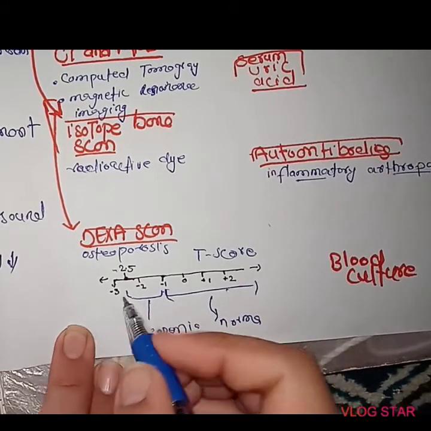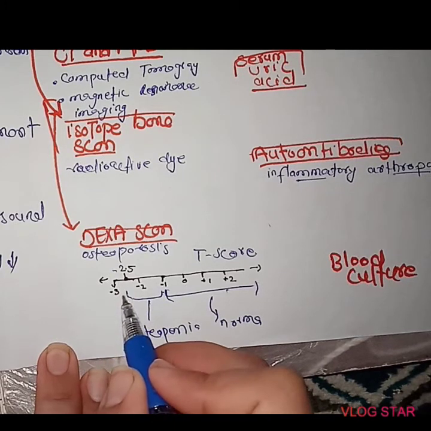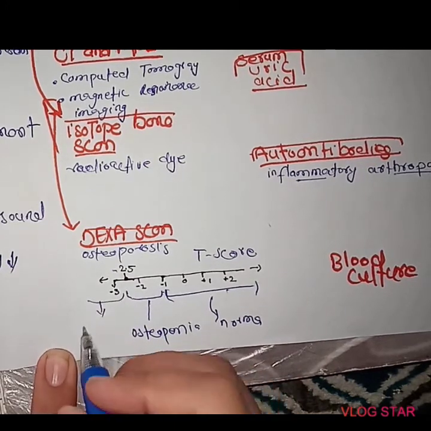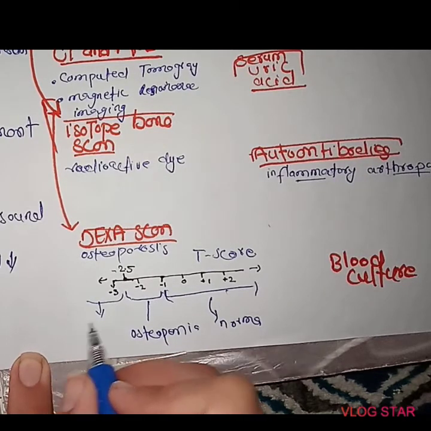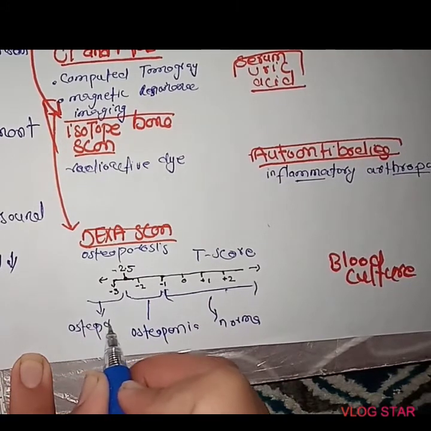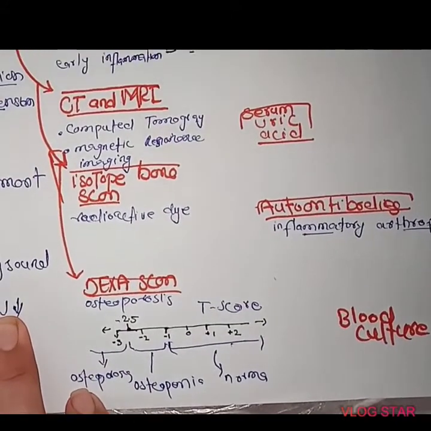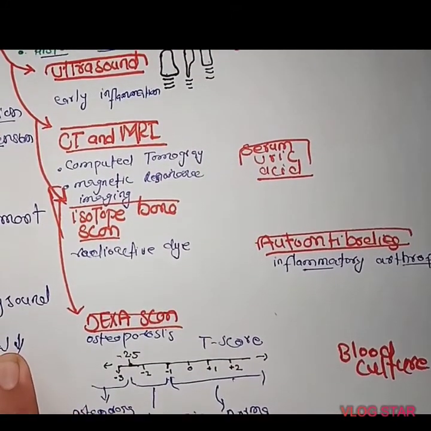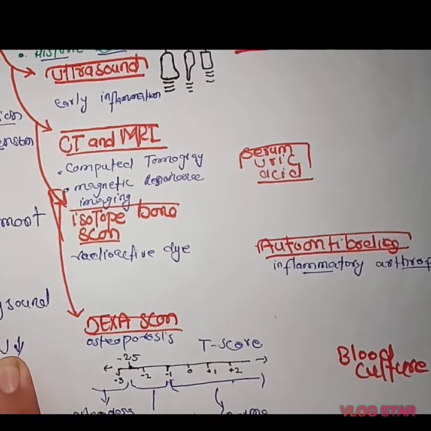And when the bone mineral density is below -2.5, it means that the patient has osteoporosis. Now it needs proper management. So by all of these methods, you can see the joint and detect the problem.